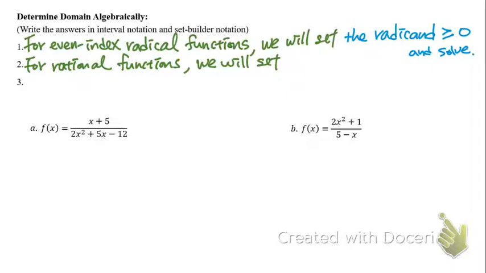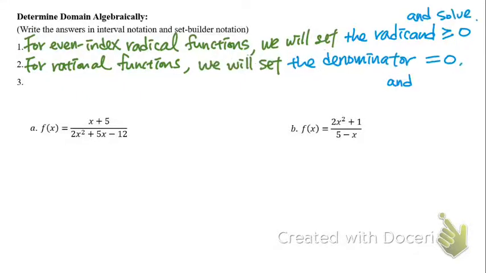So we will set the denominator, that's where the problem is, the denominator, equal to 0, because when you have a variable in the denominator, it will change whenever you put in a different x value, and there might be a chance that it will make the denominator equal to 0. So we set that equal to 0 and solve.